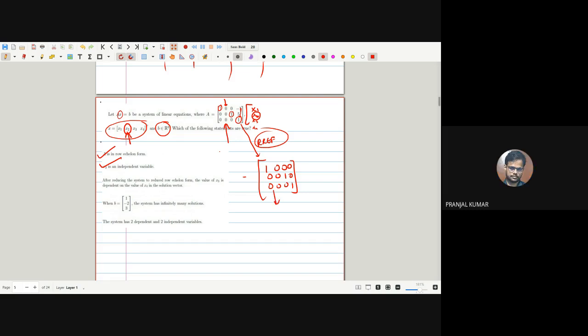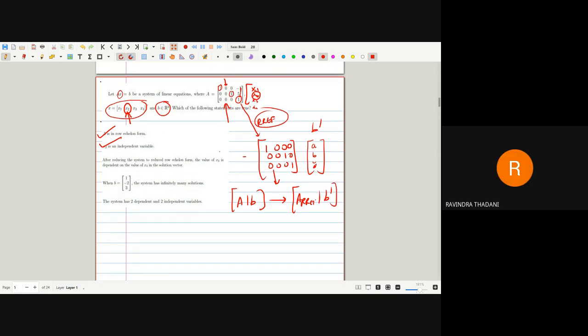First of all, we don't know what the b vector is. Suppose at the end it came out like a, b, c. Say a, b, c was the b dash vector after conversion. So you go from A to A ref, and this becomes b dash. Suppose this is b dash. If you rewrite the system, you would write it like this.